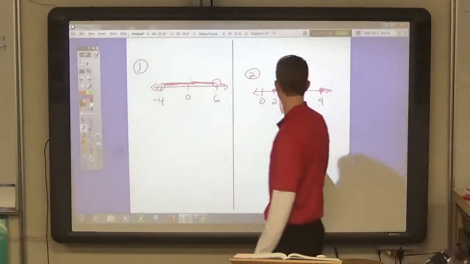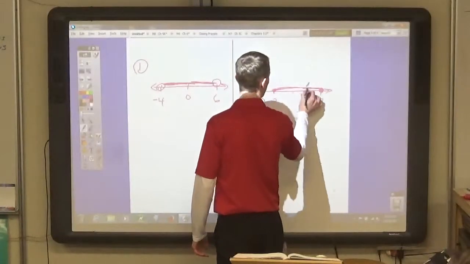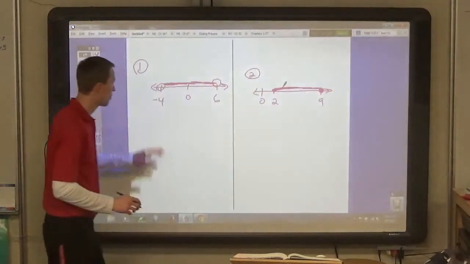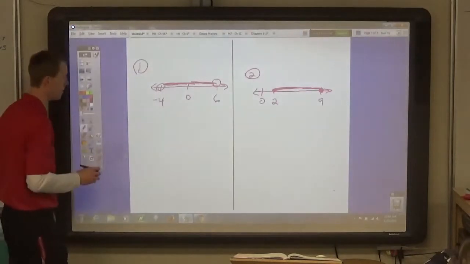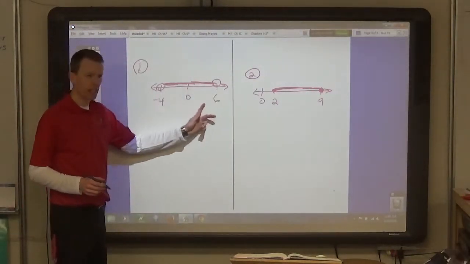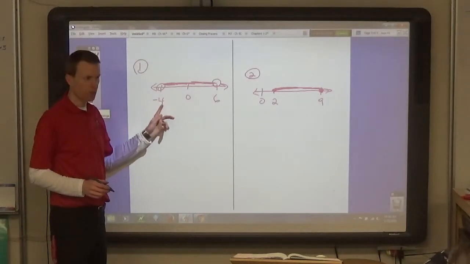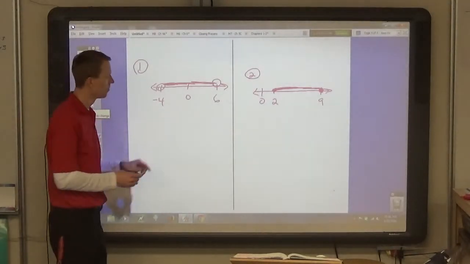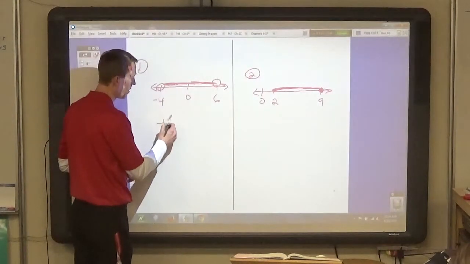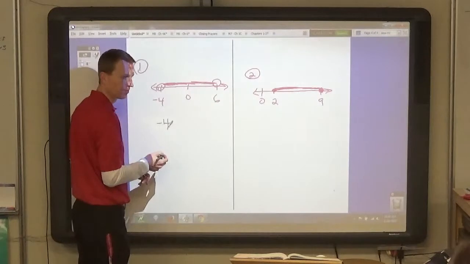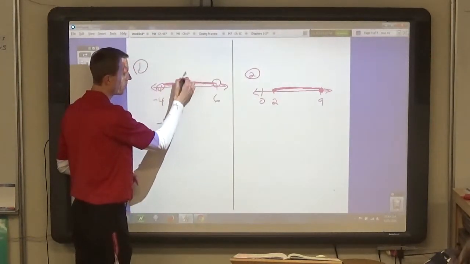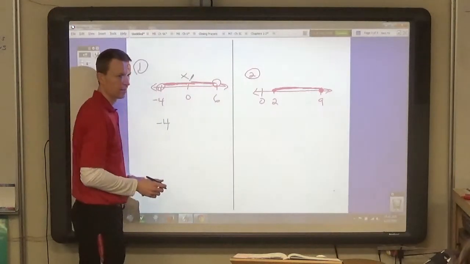Okay? So how would you write that inequality as a compound inequality? How would you write this one first? Let's go back to that. How could you say that as a compound inequality? Start with the lowest number. -4 is, here, this is x, okay?